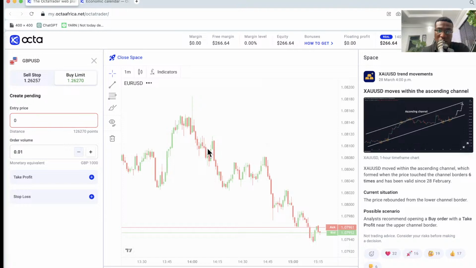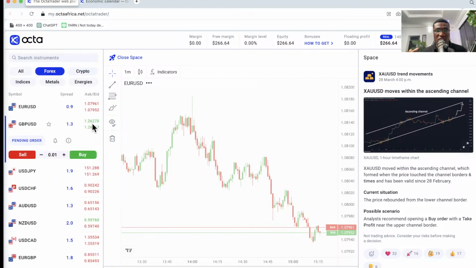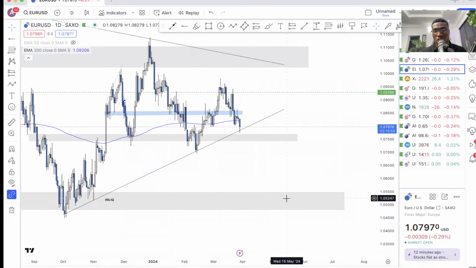If you did your analysis here, nice, you can just put in the value on here. You can type whatever value it is. It can be a buy limit, a sell stop, or a buy stop and a sell limit. That way, you've placed the order at a future price. So if the market gets there, you won't miss out. It's going to execute automatically, and your trade will start running. All right. So you can come back to see that profit or trade running against you.